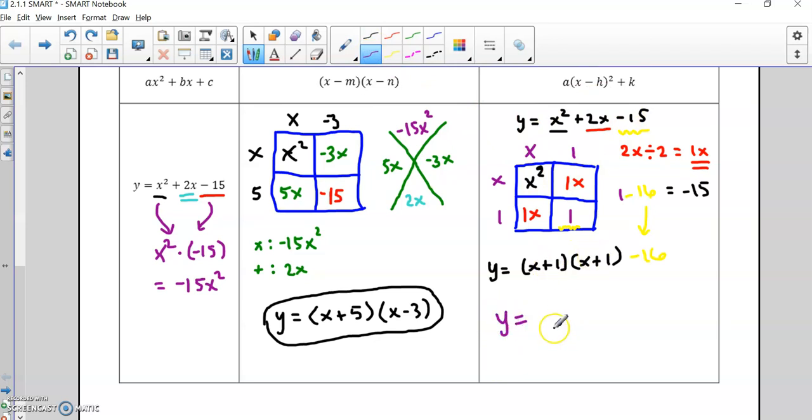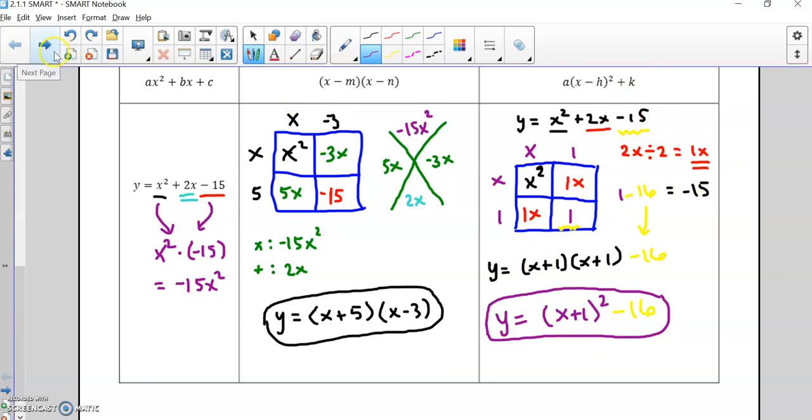X plus 1 times x plus 1 is just x plus 1 squared, and that minus 16 still stays there. And that is it. Usually the part that people struggle with the most is figuring out this minus 16. You just have to remember how you get from this box to this number. Okay, and we're done with that one.